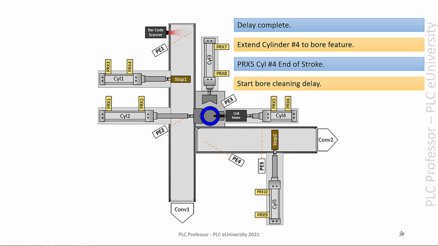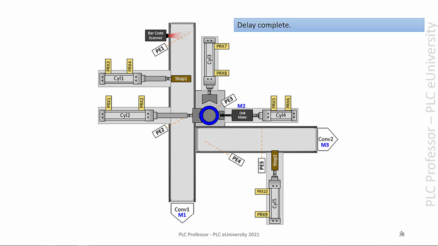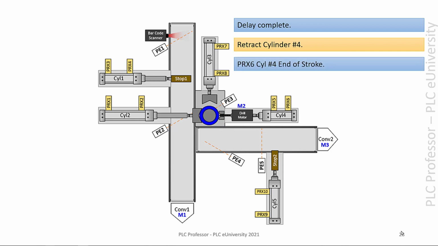But we're going to leave it in there a little bit. So we're going to start a delay to clean the bore. In other words, to auger out the debris. And once it's out and the delay is complete, then we retract cylinder 4. And we know cylinder 4 is retracted because prox switch 6 says so.